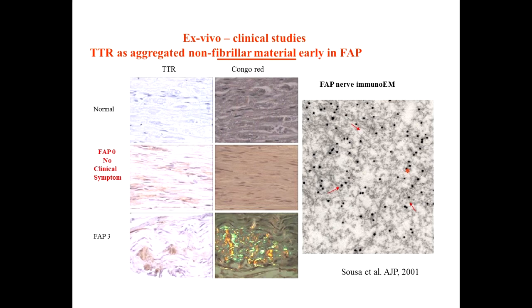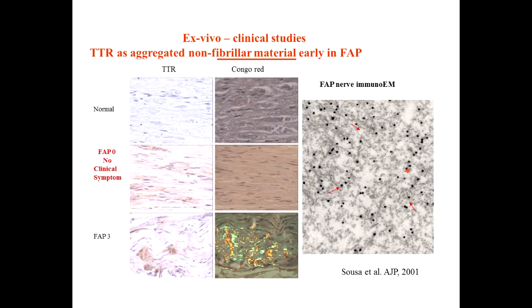At the time when these biopsies were collected, there was no molecular diagnosis, so the pathologist only saw amyloid, but did not know if it was TTR or not, because it was not described. So that's why we have these biopsies.